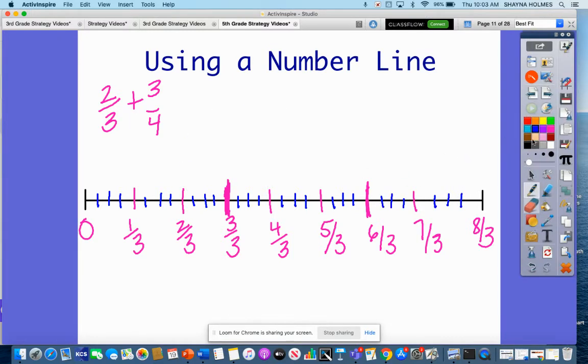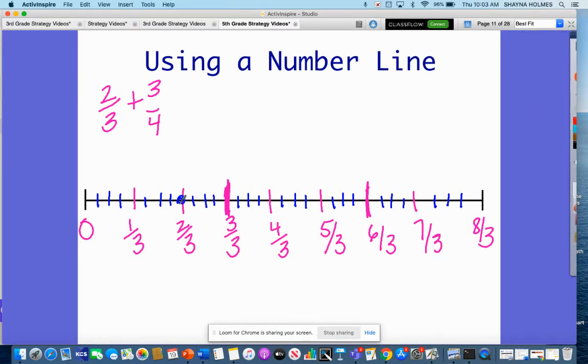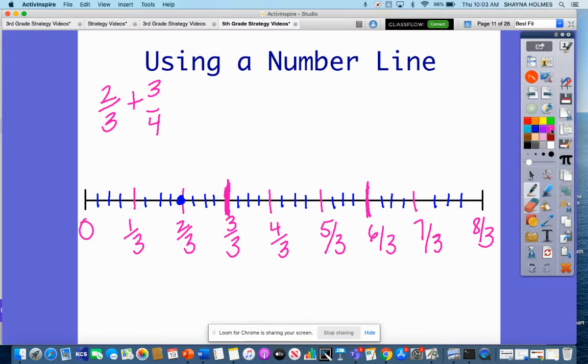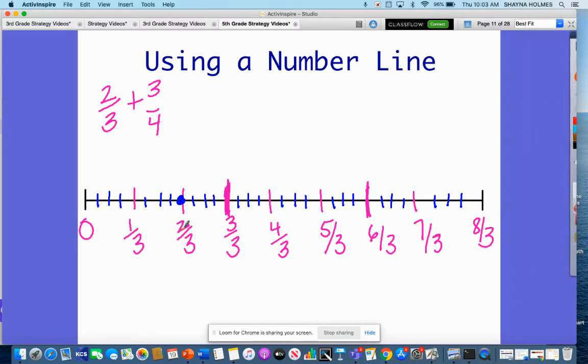Okay, and so let me go back, we were here at 2/3 and we wanted to add 3/4. So what I need to do first is think about 3/4.